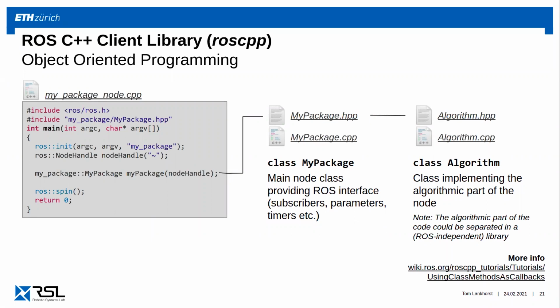Now, MyPackage might, for example, do some LiDAR processing and rely on a specific LiDAR processing algorithm. Object-oriented programming would allow us to create a new class which would contain the actual algorithm and implement the algorithmic parts there, so that we have a nice separation between the ROS-dependent part of our package and the ROS-independent algorithmic part of our package.